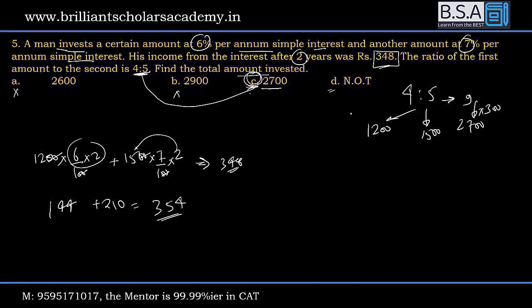Just confirm the calculation. 1200 at 6% for 2 years. 0 cancel. 12 12 144. 1500, 15 0 cancel. 15 into 14, 210. 354. No, it does not match. So the answer would be none of these.